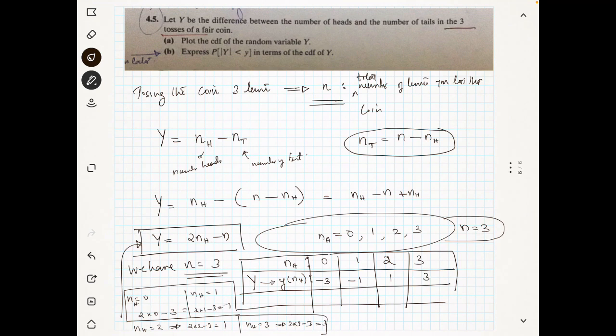Then what is the probability of y? That we have to find. Now I think you understand what this new random variable y is. So y of nh will take the values minus 3, minus 1, 1, and 3, and nh will take the values 0, 1, 2, and 3.